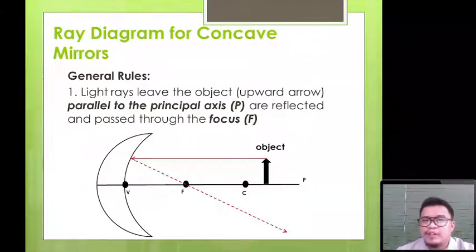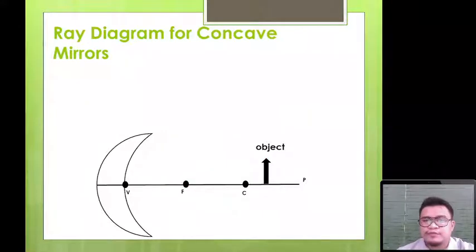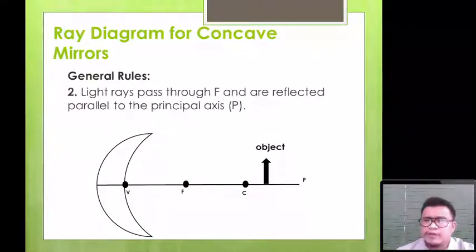Okay? So this is how you interpret rule number 1. Okay? Now let's move on to the second rule. For the second rule, light rays that pass through F are reflected parallel to the principal axis. So how are you going to construct this? Simply as this one. First, from the tip of the arrow or your object, you just draw a straight line that passes through the focus.